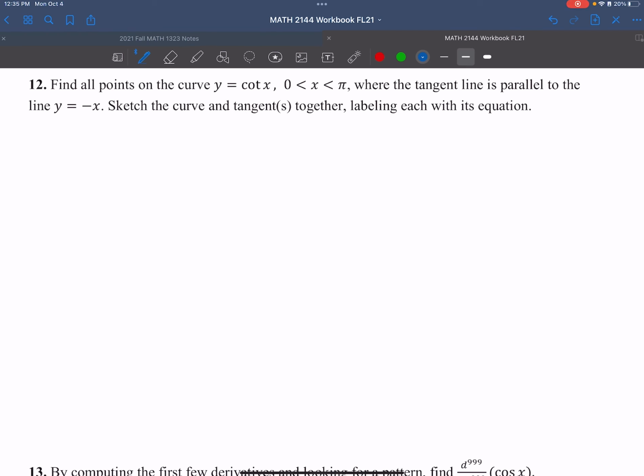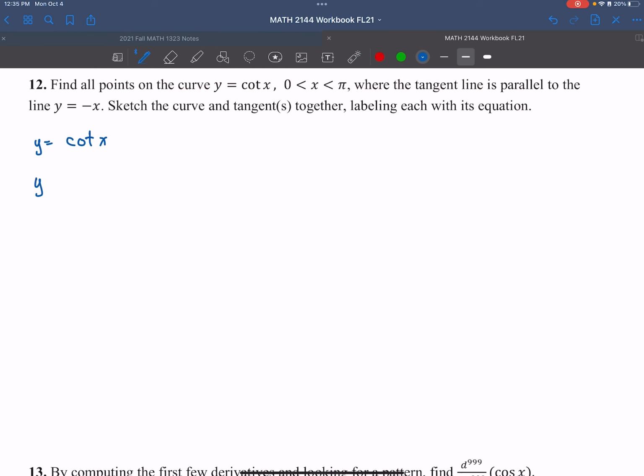So our function that we're working with is y is equal to cotangent of x. Notice that this is the one I'm going to want to take the derivative of, because this is the one where I'm asked to find the points where there are tangent lines. So basically, I want tangent lines on this curve, so I'm going to need to take the derivative of this one.